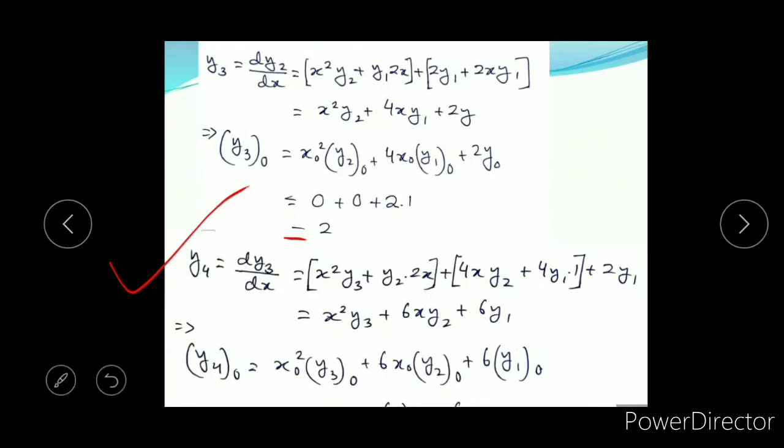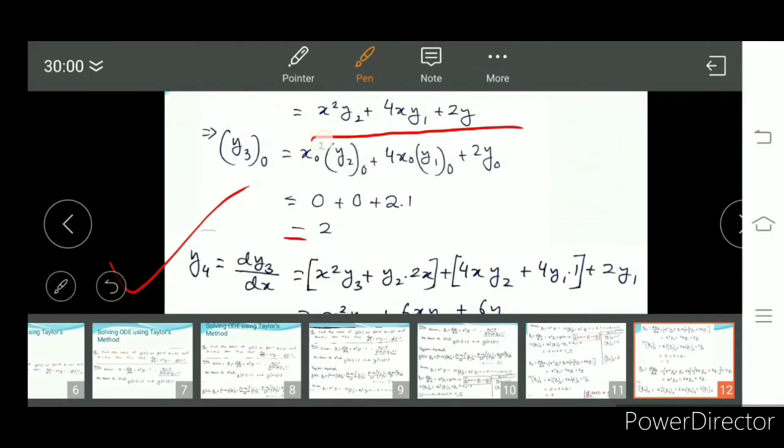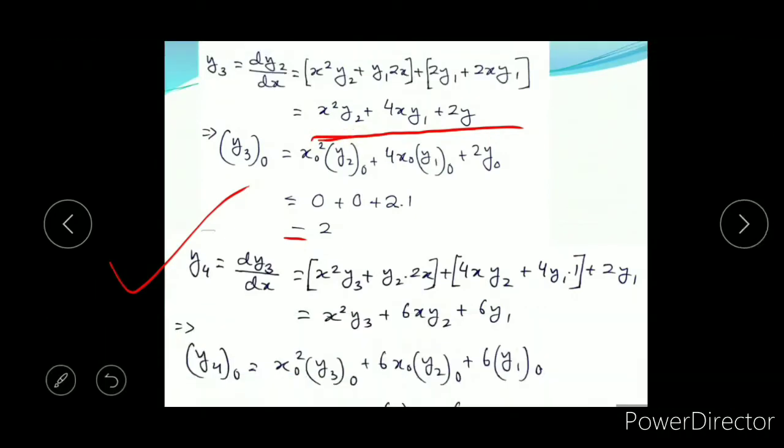As we have seen, the value of y3 is x square y2 plus 4x y1 plus 2y. Here x square is the first function, y2 is the second function. If we derive it, same thing: x square, then the second function's derivation, that is y3.